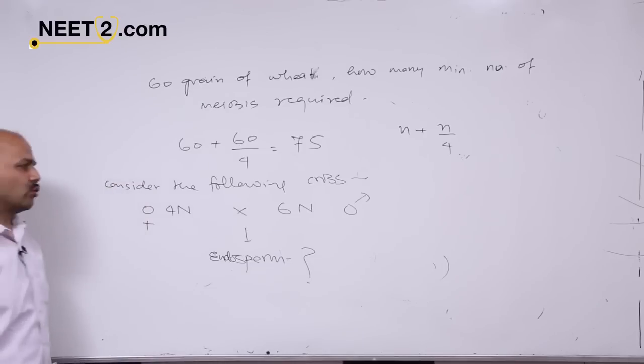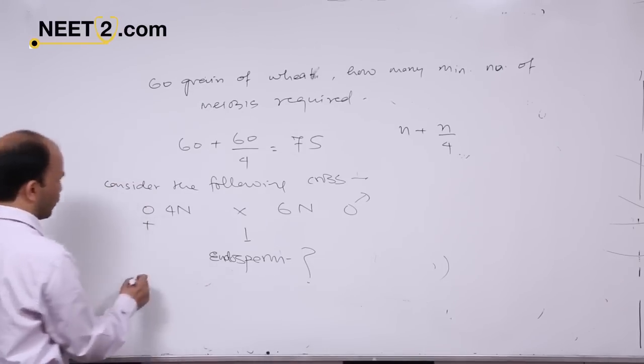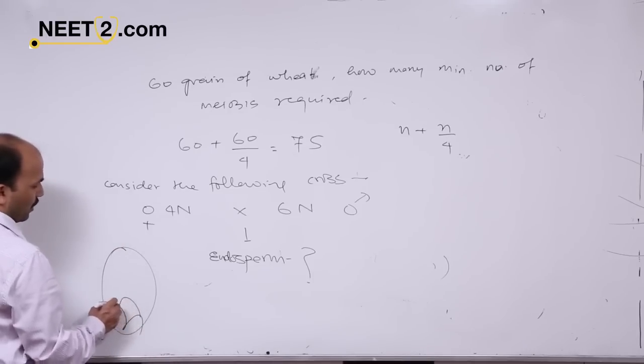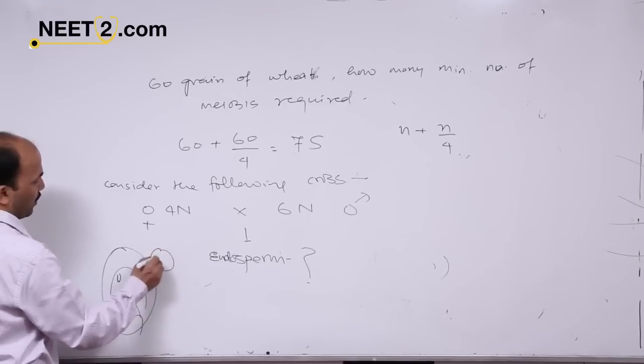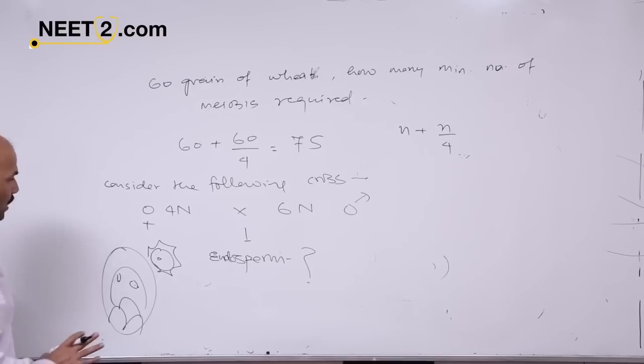So ploidy of endosperm, you have to see how endosperm is being produced. Endosperm is produced by the act of triple fusion. Triple fusion involves 2 polar nuclei and 1 sperm nucleus that is coming from the pollen grain.